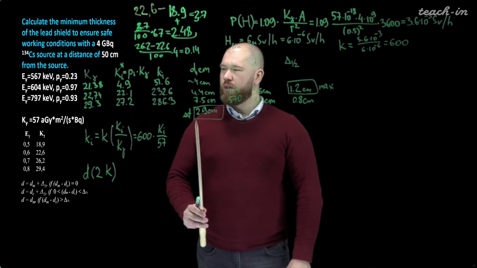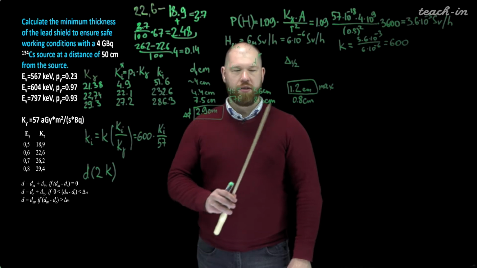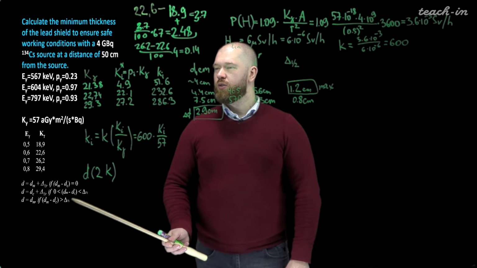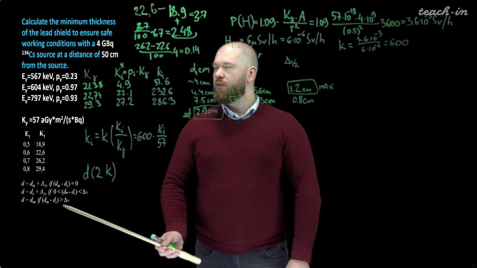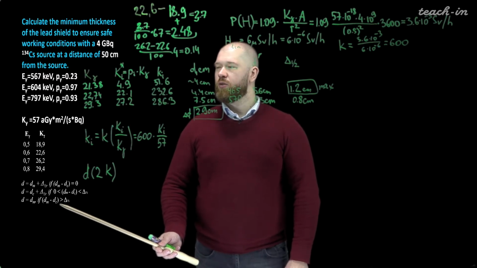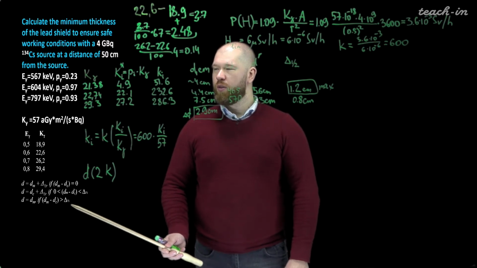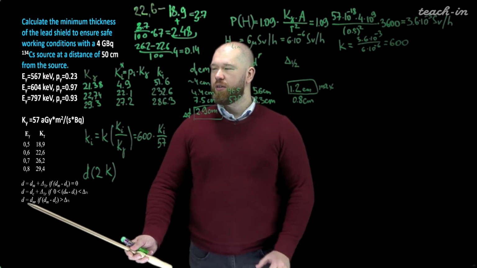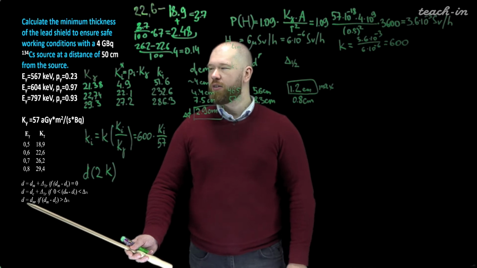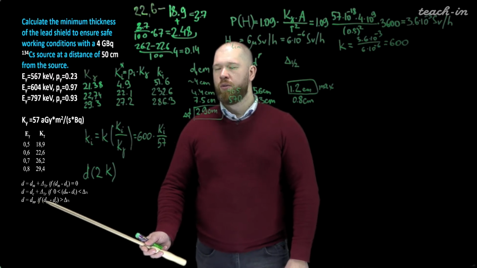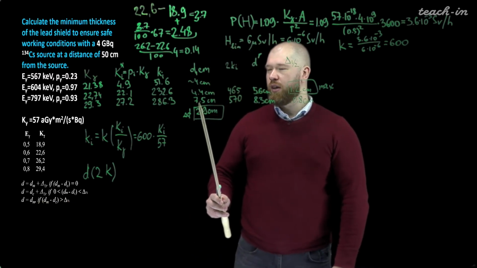Again, our difference in D values is 2.9 and our half attenuation delta is 1.2, so it is not our case again. And our case is that the difference in the D values between the main line and the competitive line is more than delta for half attenuation. And in this case, the total thickness of the lead shielding is simply equal to the D value for the main line.